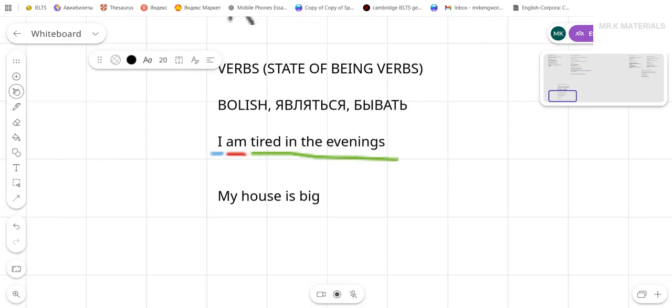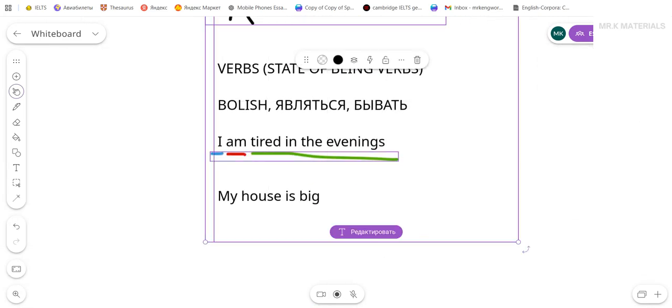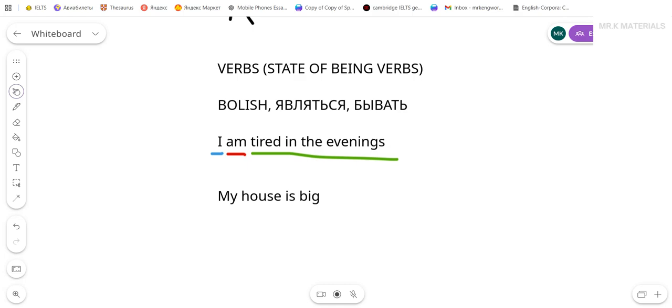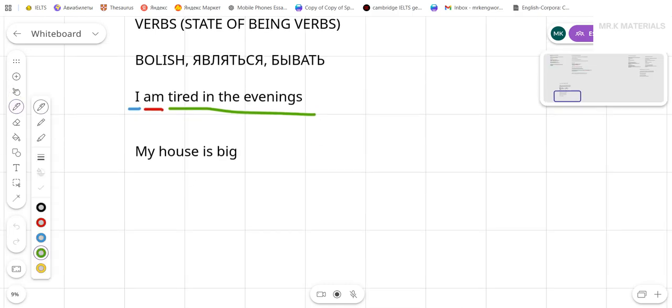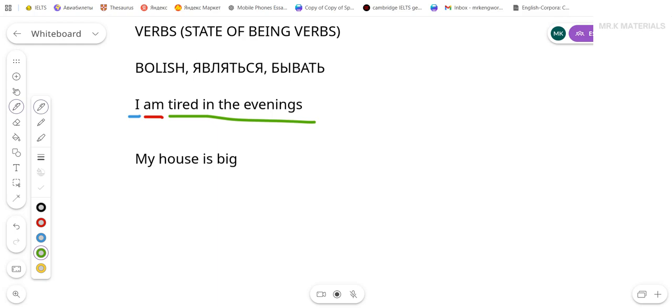And the same thing happened here. You see here, I have my subject, I, am is a verb, tired, that's my object. Alright, my house is big. Sometimes it's not important that you have an object. You may have an object, you may not, but you will always have subject and verb. So I have my house, that's the main character, that's the subject. Then I have is, then I have big.